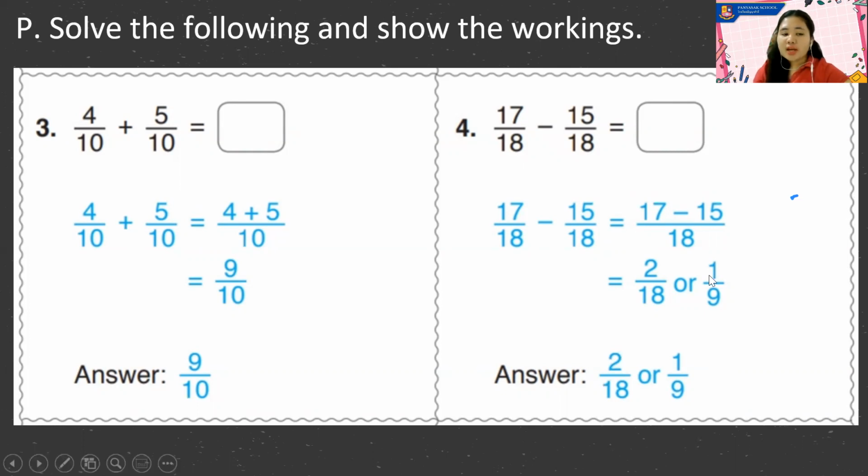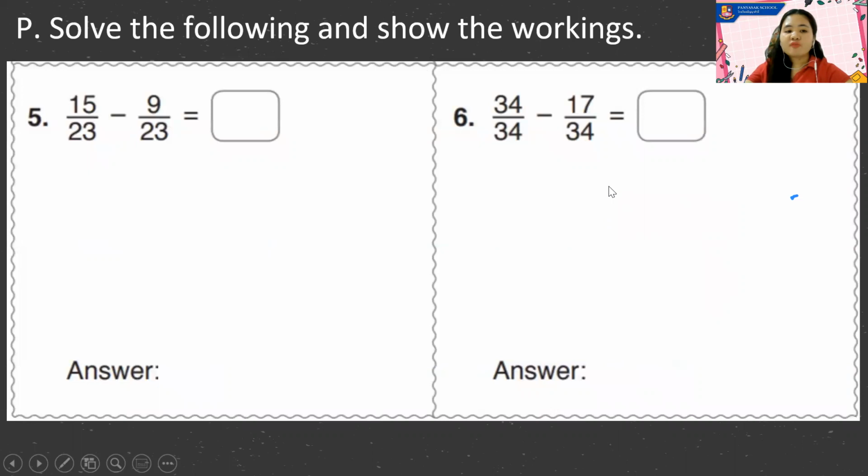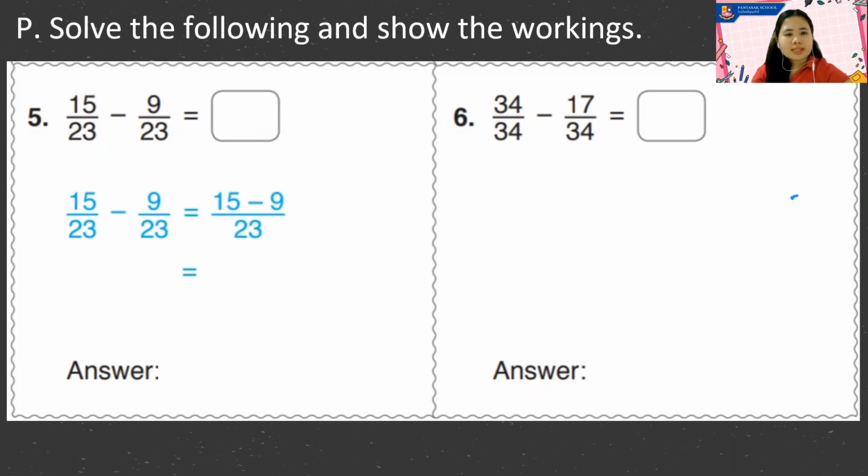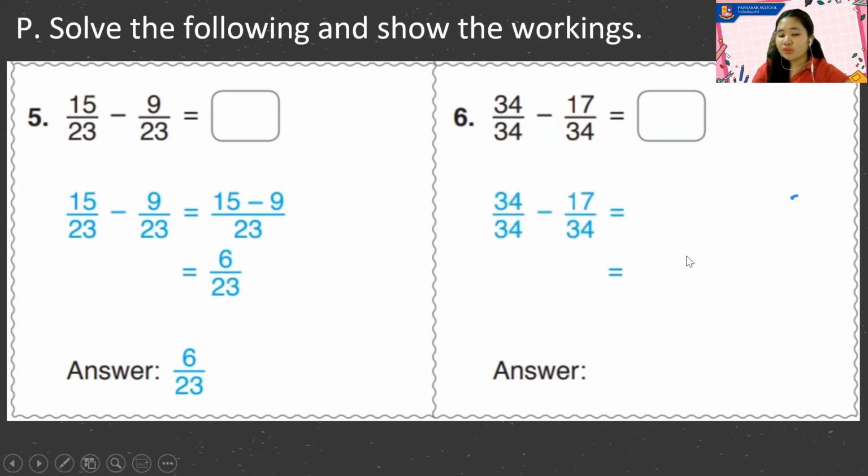Okay, number 5. Number 5, we have 15/23 minus 9/23. Okay, so copy the denominator of 23, then 15 minus 9. So what is 15 minus 9? That is 6/23. Okay, so that is also the answer. Okay, so last problem. So 34 over 34 minus 17 over 34.